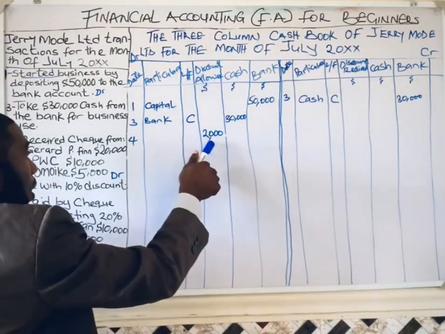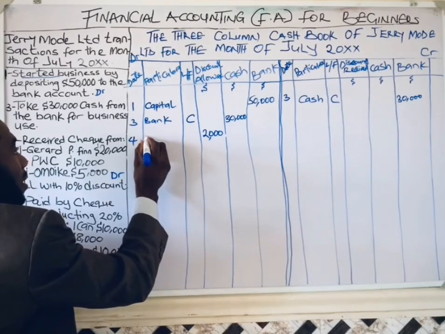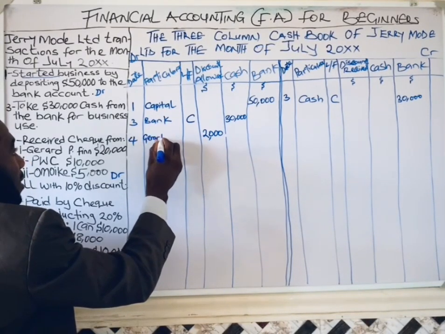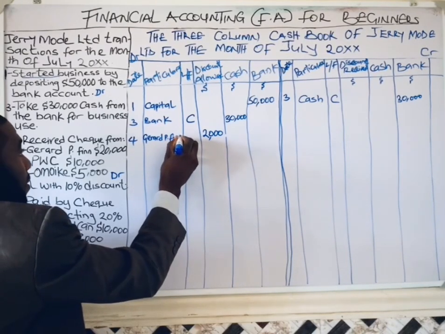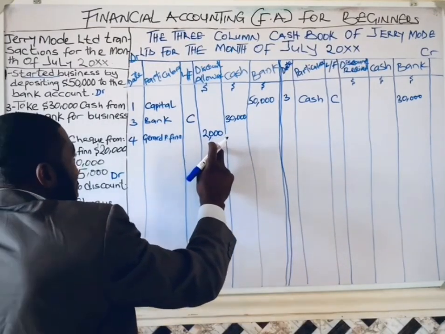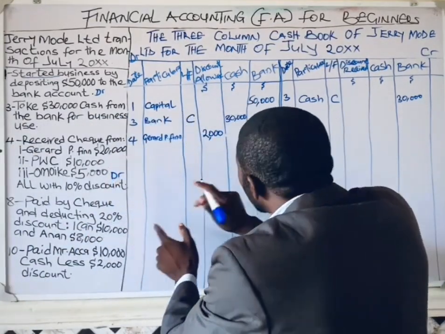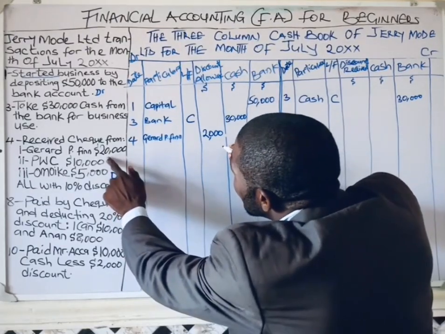So we allowed the customer Gerard P. Fee $2,000 from the $20,000 that he's supposed to pay us. So now he will be paying us $18,000.